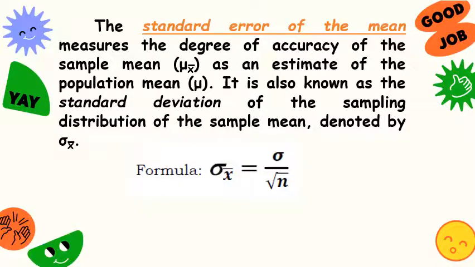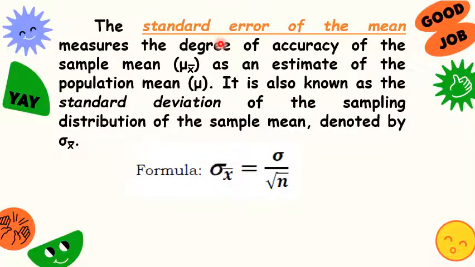So, ito yung formula na ginagamit natin para malaman natin yung ating standard error. Yung standard error is also known as the standard deviation of the sampling distribution of the sample mean. Kaya kung mapapansin nyo, dito sa ating formula, ang nakalagay dito ay sigma sub x bar. No?